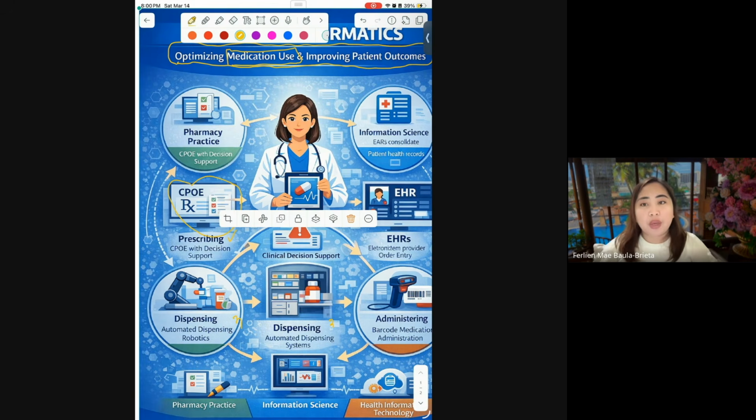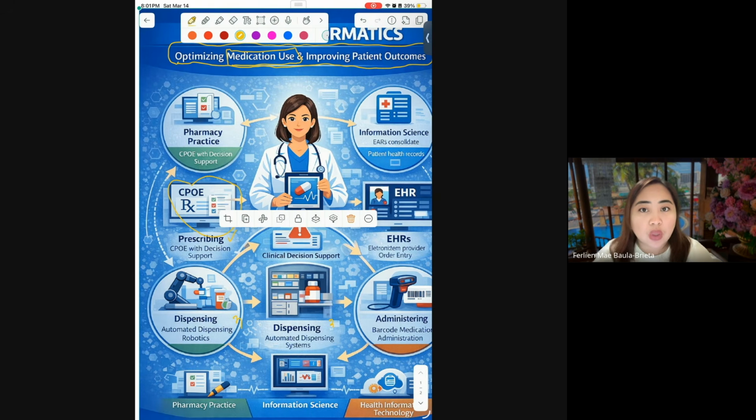That would be very beneficial, and of course it would help our patients save a lot of money in the long run. It may be expensive to invest in pharmacy informatics software, but it's better to invest in prevention rather than to cure and, of course, to cost a patient's life.